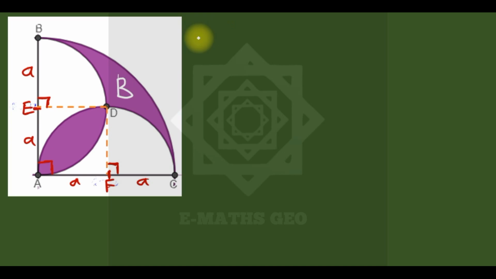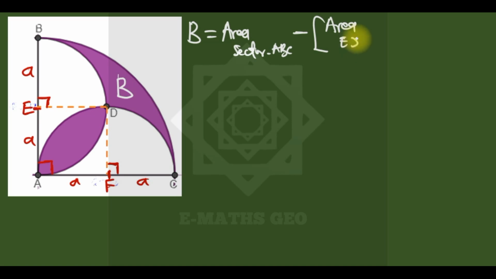So I'm saying that B is equal to the area of the bigger sector ABC, minus the sum of the areas of the square EDFA plus sector EBD and sector DFC.